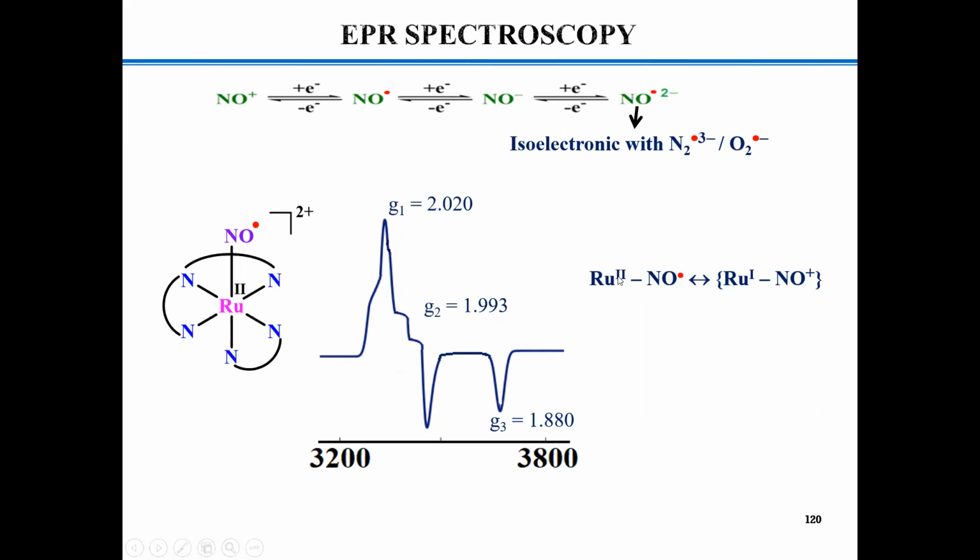That means ideally it should be Ru2 NO dot, but you can expect some kind of internal electron transfer from here to here. As a result, it goes Ru2 to Ru1 and NO dot becomes NO plus.